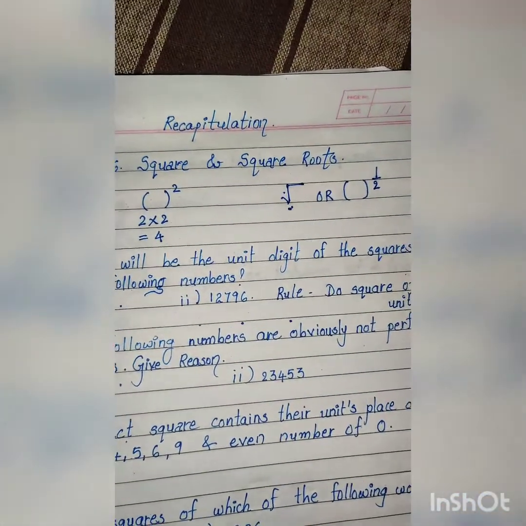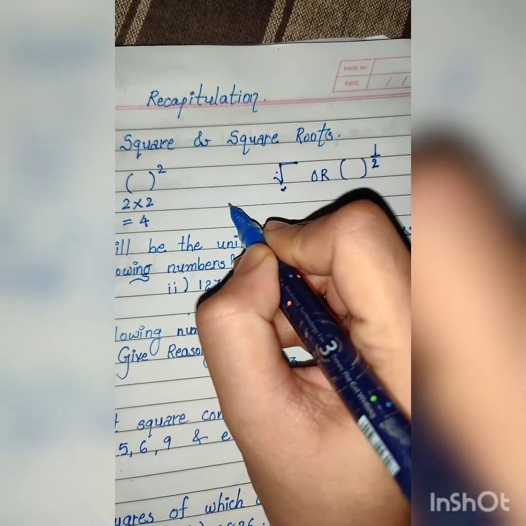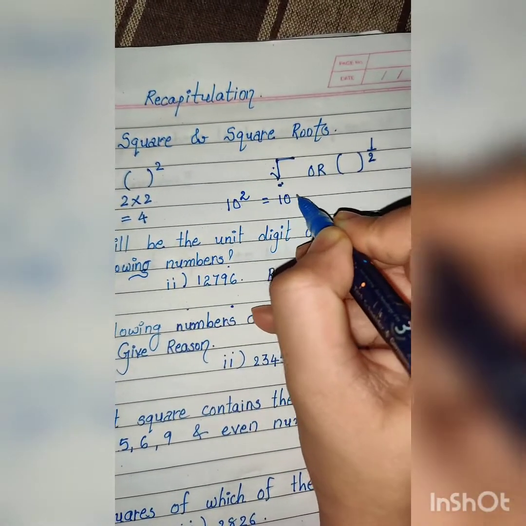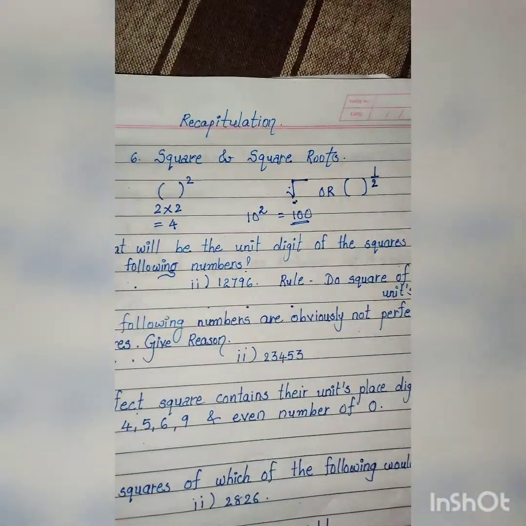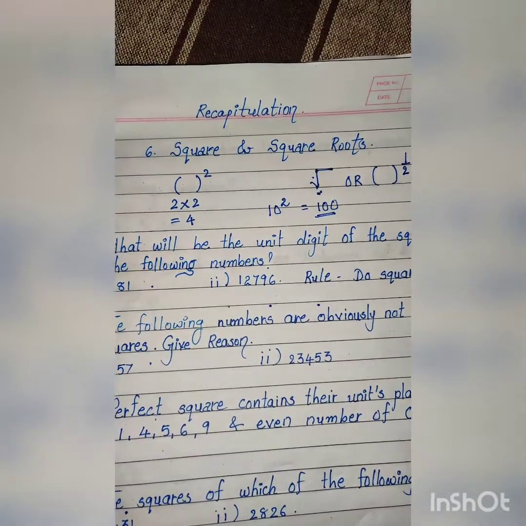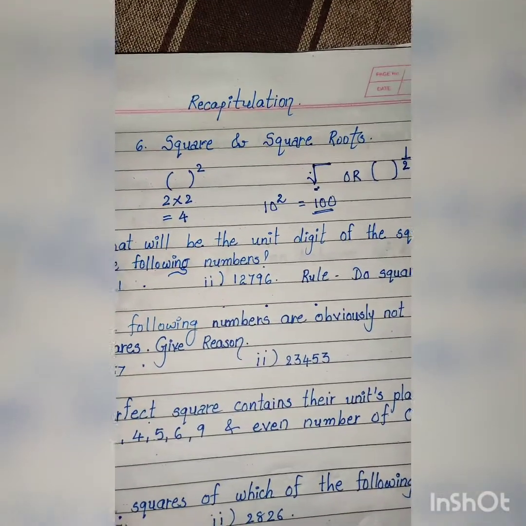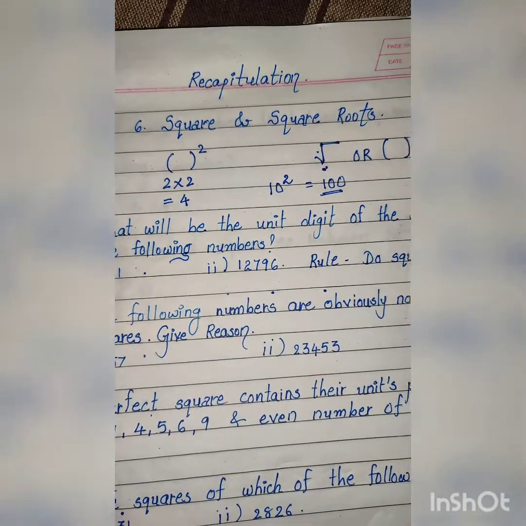Let me clear you once again. Suppose I write the square of 10. 10 squared is 100. So 100 is the square of 10. But if I ask you what is the square root of 100, that is, which two same numbers did you multiply to find 100?